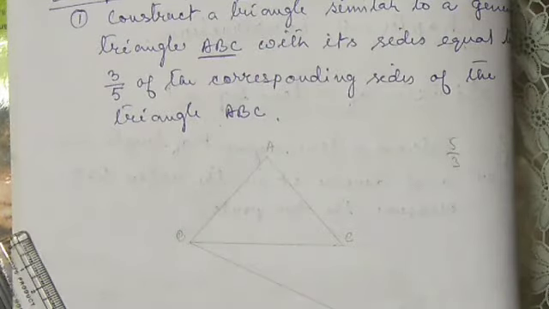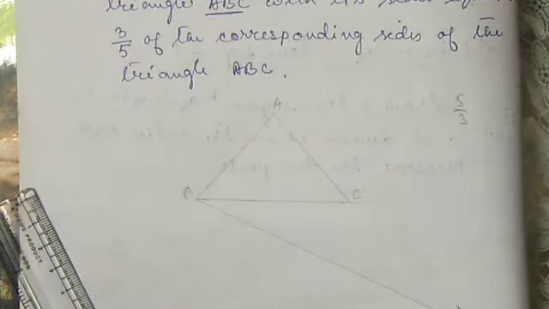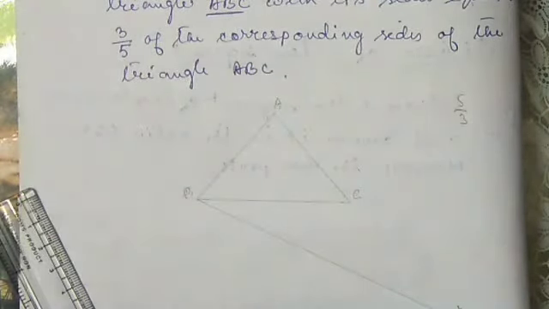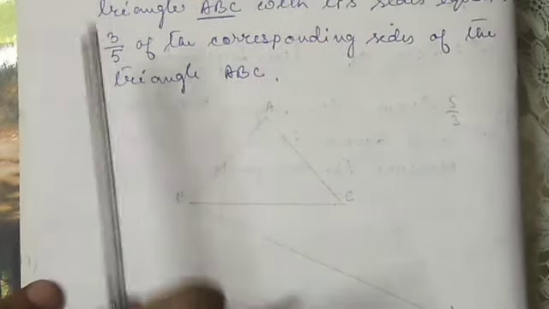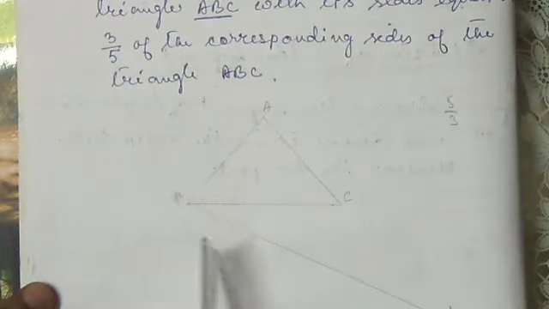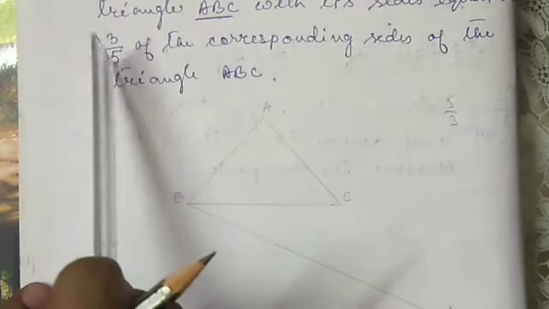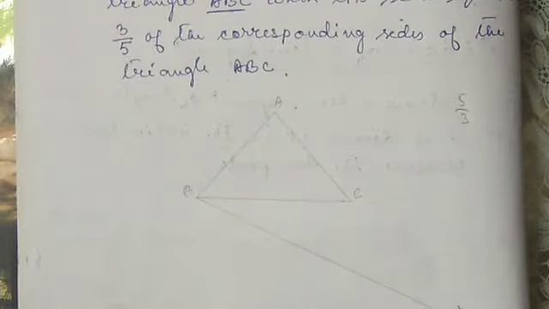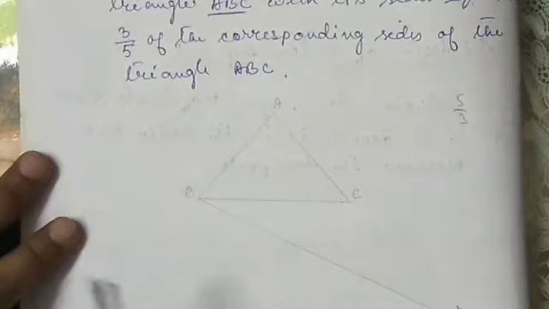From this BX we need to cut some equal parts. Out of 5 parts, 3 are to be taken. In the line segment we measured the total ratio, then the parts were divided. Here out of 5 parts 3 are to be taken.